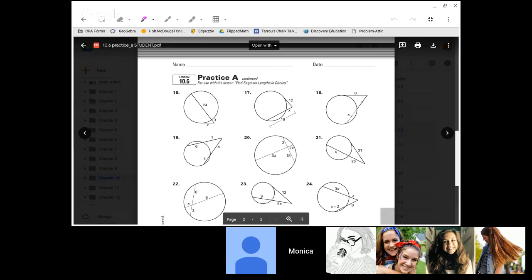The tangent here is 8, so we're going to have 8 squared, and that's going to be set equal to the outside part times the whole thing of the secant. If you look here, these two segments are marked as congruent, right? So the outside part equals x, and then the whole thing equals 2x. You see it?